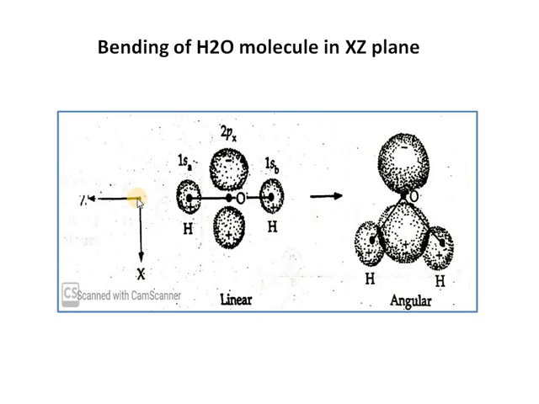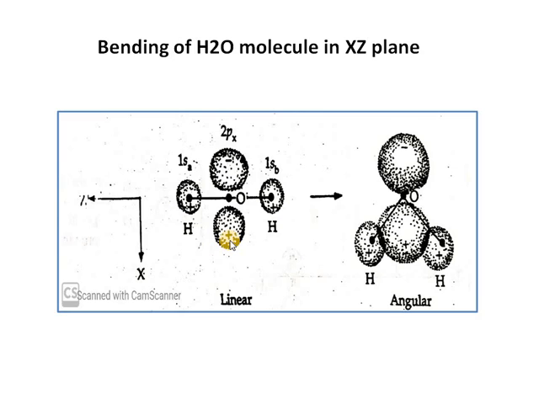In this plane, the hydrogen atoms move towards the positive x-axis, where the 2px of the oxygen atom and the psi1 orbital of the hydrogen atoms can overlap.